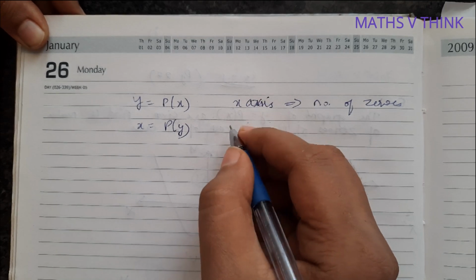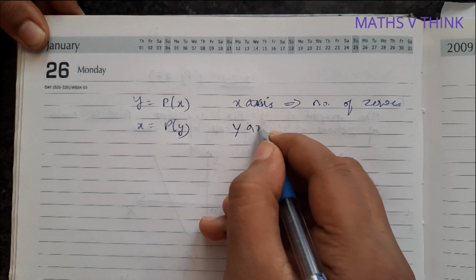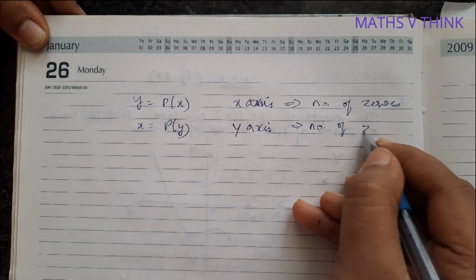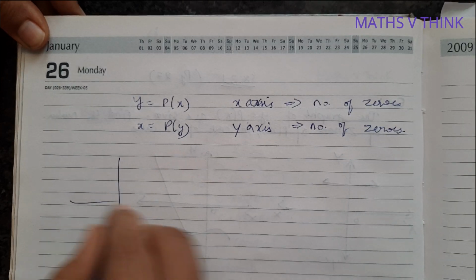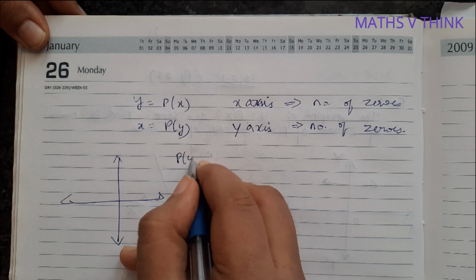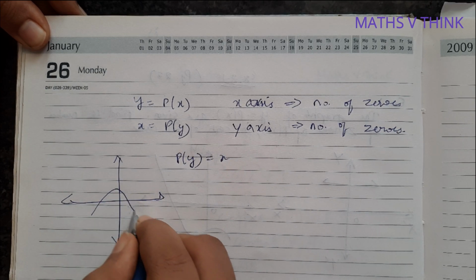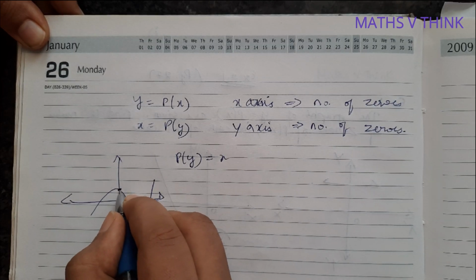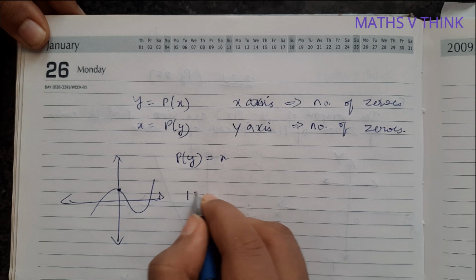Then you should take the points where the line intersects the y-axis as the number of zeros. So for example, if they give us a graph like this, p of y equal to x, here on the y-axis there is intersection at only one point, so only 1 zero.